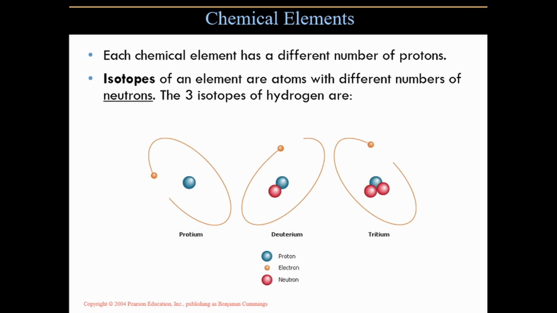So what does that mean? It means that the average is affected by the percentage of the isotope's abundance. So on Earth, protium by far has a much greater abundance than deuterium or tritium. How do we know that? Well, we can look at the atomic mass and see that it's 1.008. I mean, the atomic mass is nearly 1.